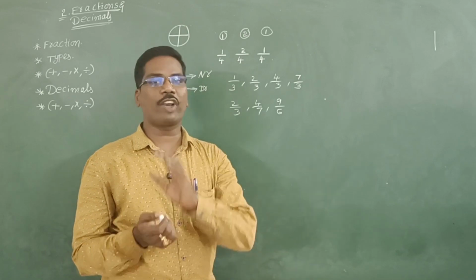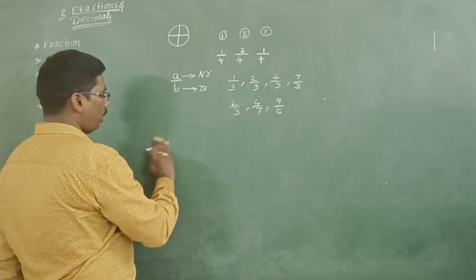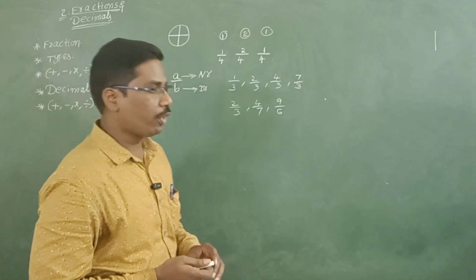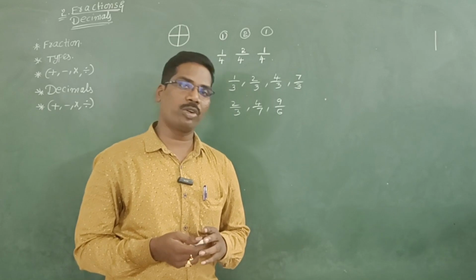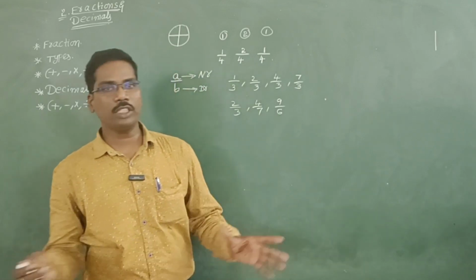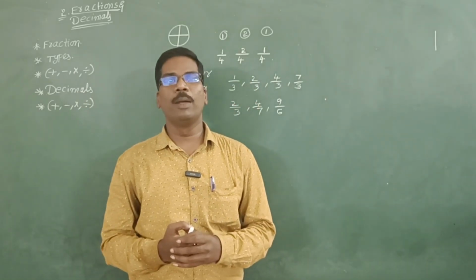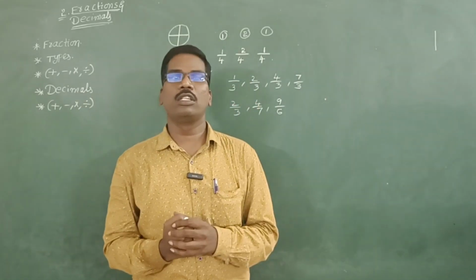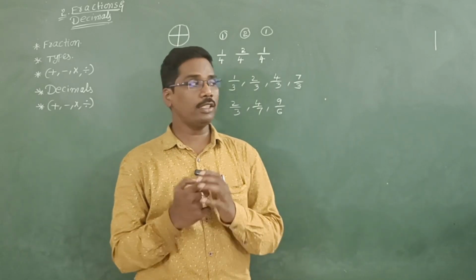Now, mixed fraction. What is a mixed fraction? Before discussing mixed fractions, we have to understand proper fractions and improper fractions. Let us see. Now see, I am standing in front of you properly. My head is small, my body is big compared to the head.